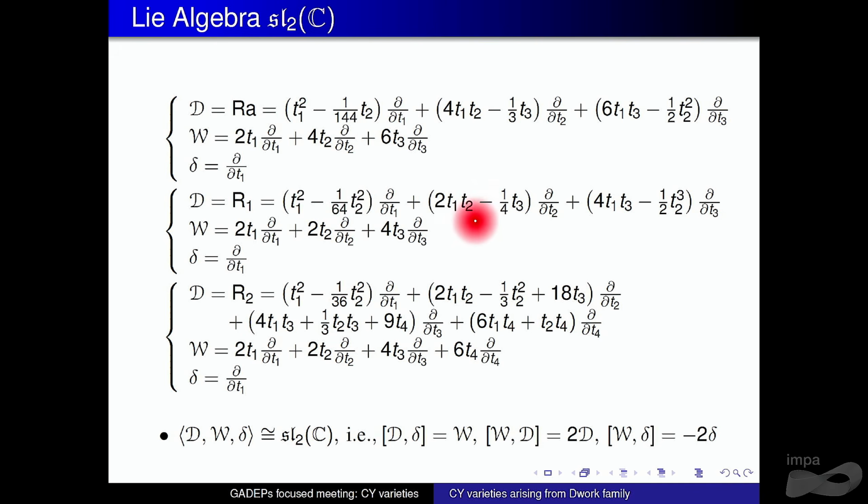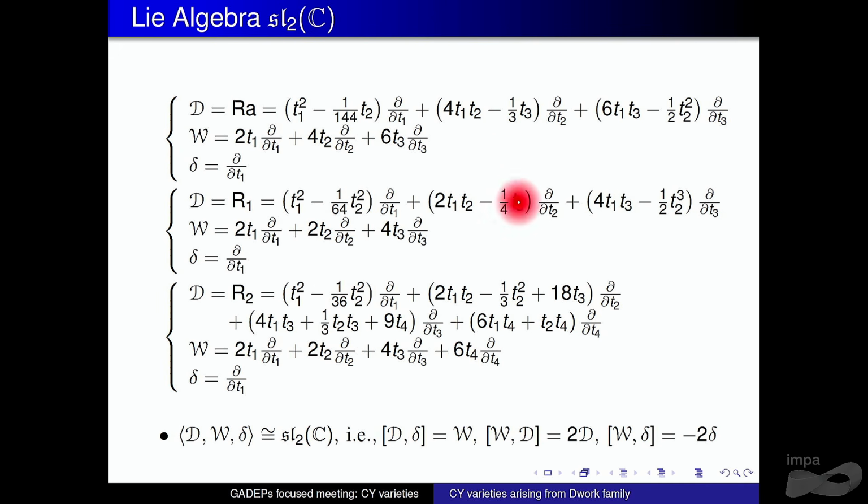Here also the weight is 4, because T3 has weight 4. And this one also has weight 4. So the weight of T1, here the weight is 6.